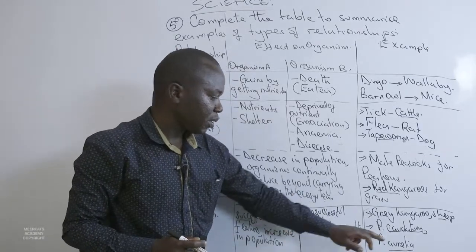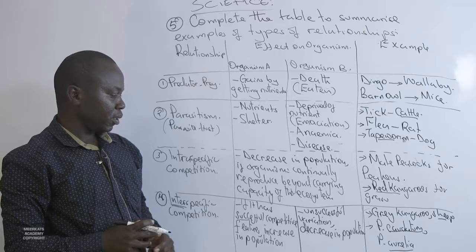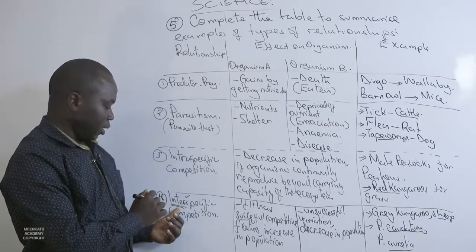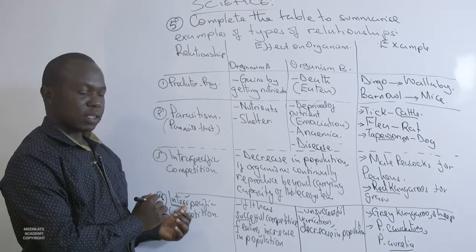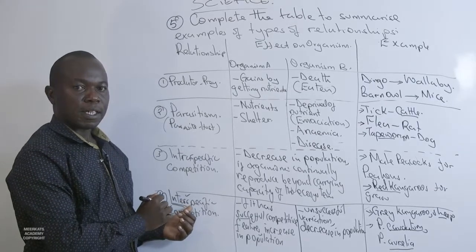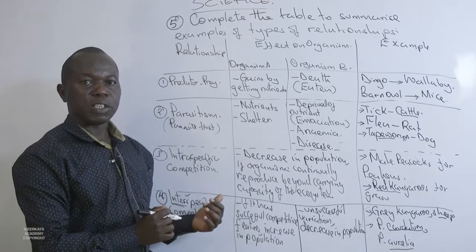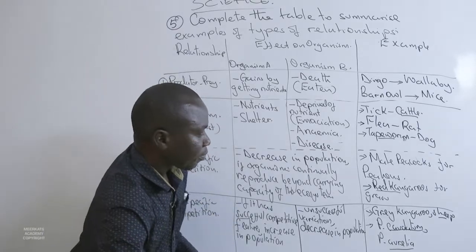Therefore, it outcompetes caudatum, even leading to extinction. So, in essence, we said interspecific competition is very stiff. It has a disastrous effect, such that it leads to competitive exclusion.